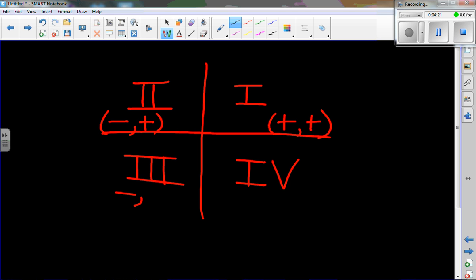Positive positive in quadrant 1. Negative positive in quadrant 2. Negative negative in quadrant 3. Positive negative in quadrant 4. These are your x and y values in your ordered pair.